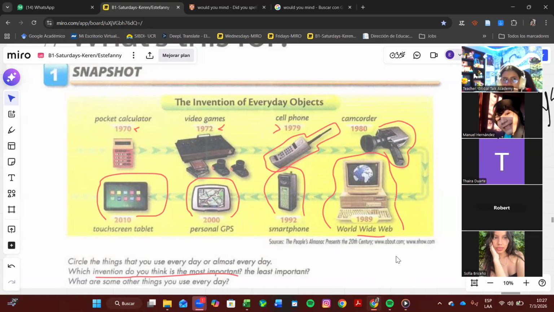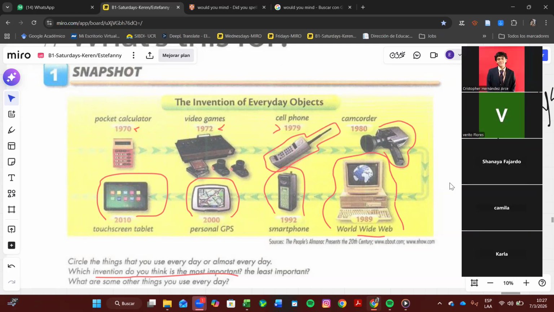Even though it's not very important in the business area or work area in general, we still need hobbies and things to do in our free time, right? Because it's part of life. So I believe it's important also. What do you think, Christopher? Which one is the most important?